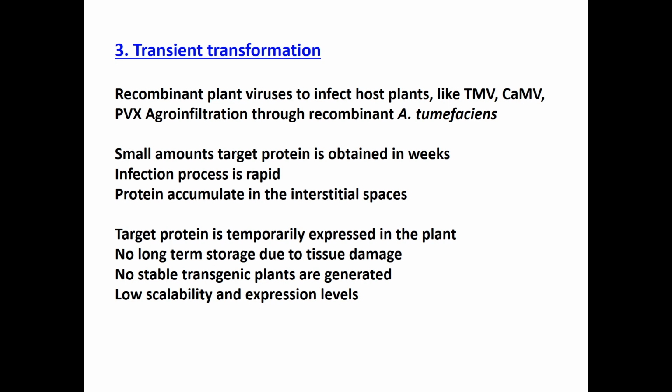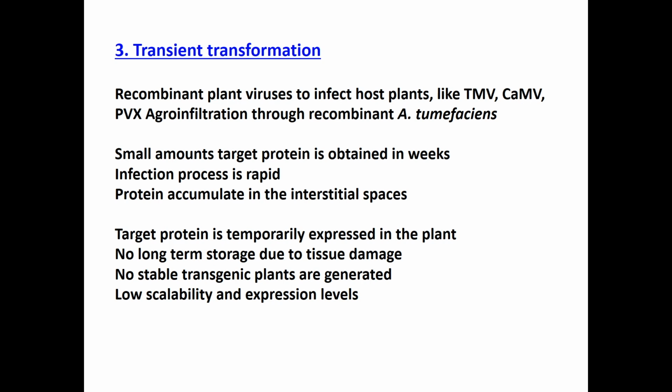Then there is transient expression, or transient transformation, which is most widely used with recombinant plant viruses such as TMV, CMV and PVX to infect host plants, with infiltration through recombinant Agrobacterium tumefaciens. Small amounts of target protein are obtained in a week. The infection process is rapid, and protein accumulates in the interstitial spaces.